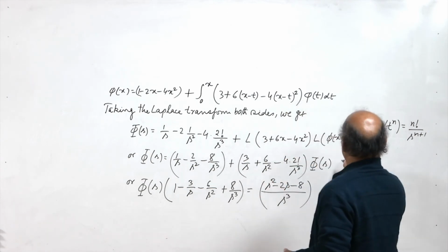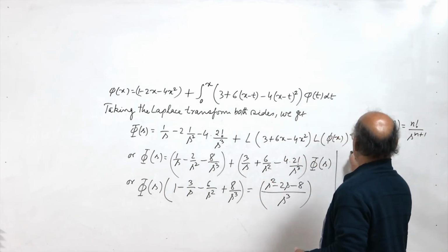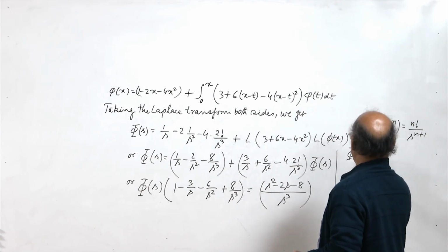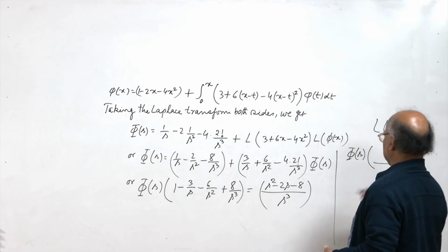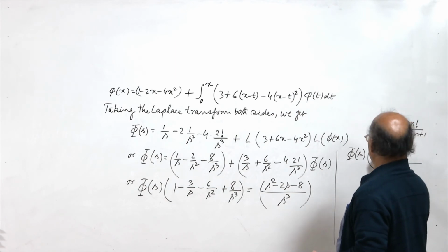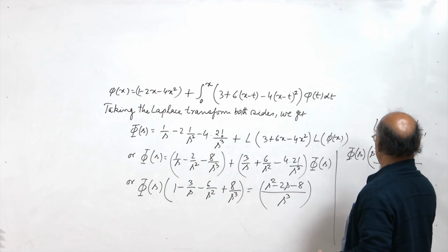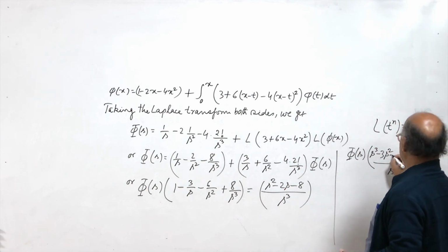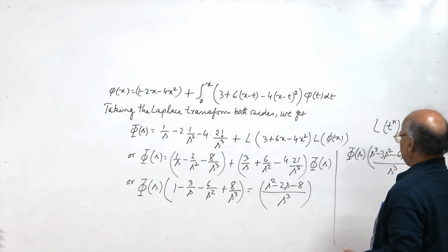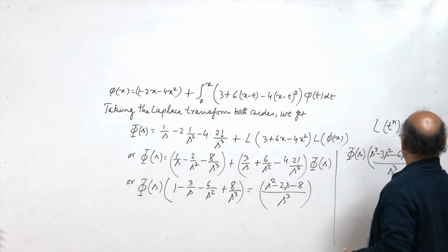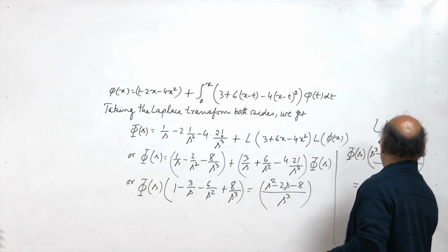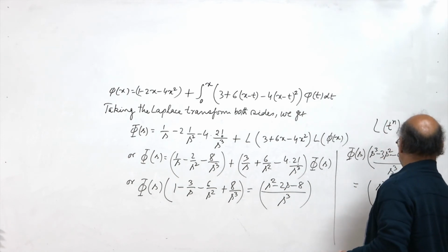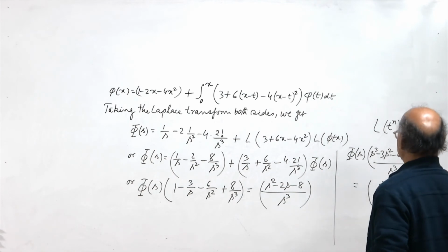Simplifying, we get phi s times s cube minus 3s square minus 6s plus 8 is equal to s square minus 2s minus 8 divided by s cube.